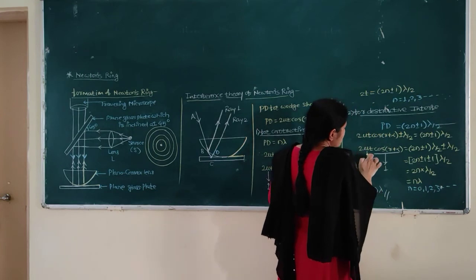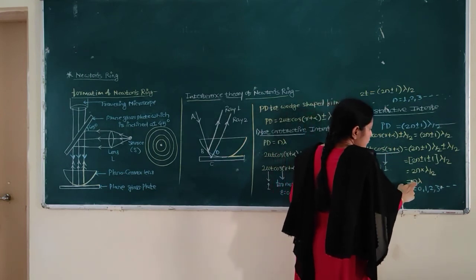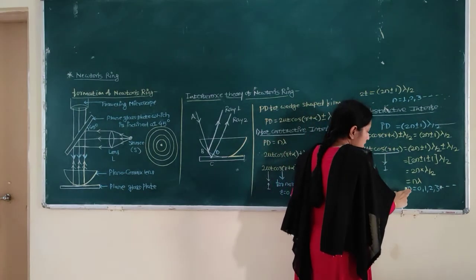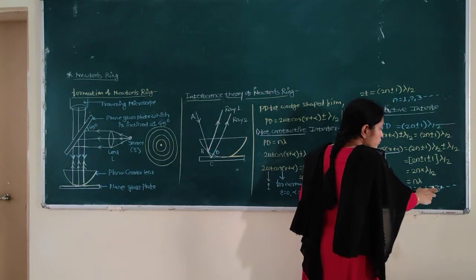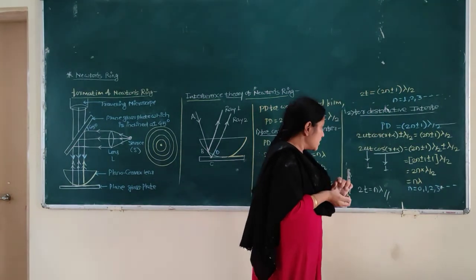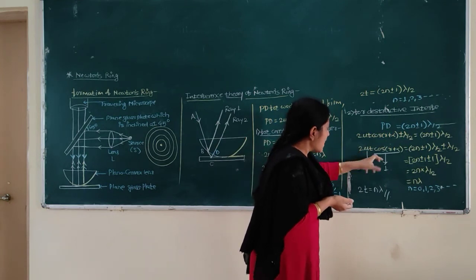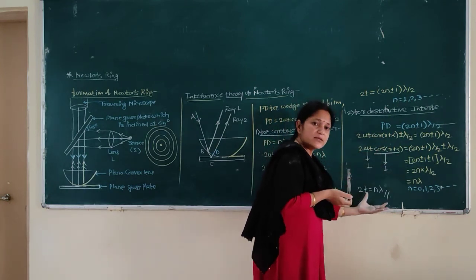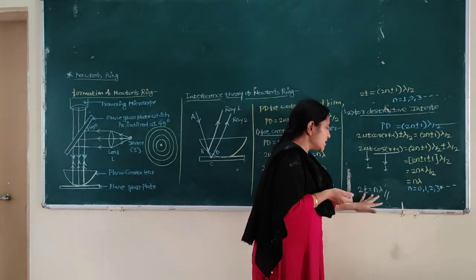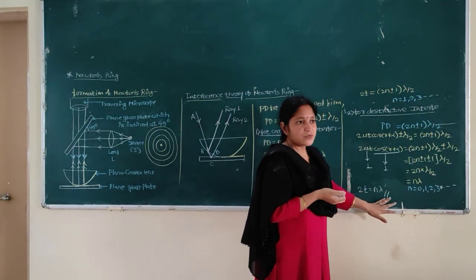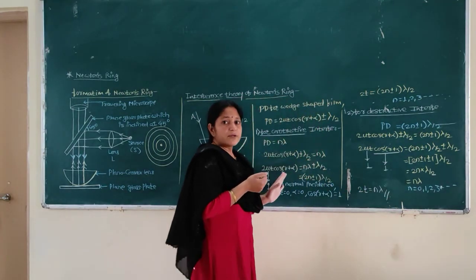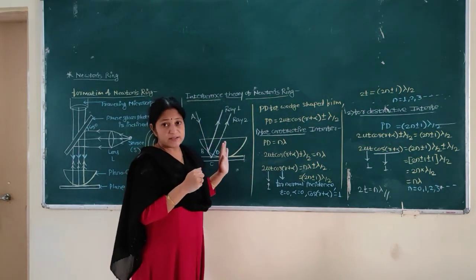We get 2μt cos(r + α) is equal to nλ. Here n is equal to 0, 1, 2, 3 and so on. Again by putting the refractive index of air equal to 1 and this term equal to 1, we get the final equation 2t is equal to nλ. So these are the conditions for Newton's rings. Okay.